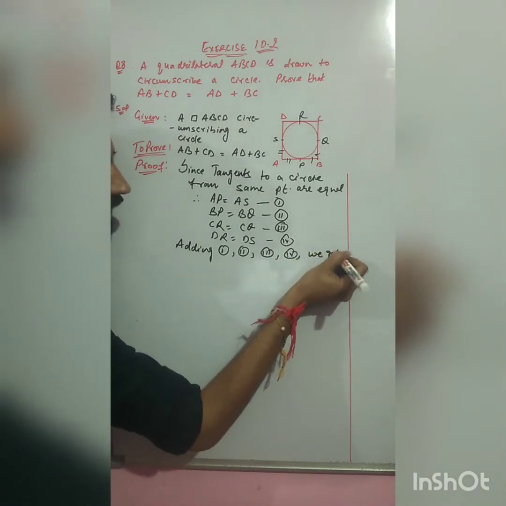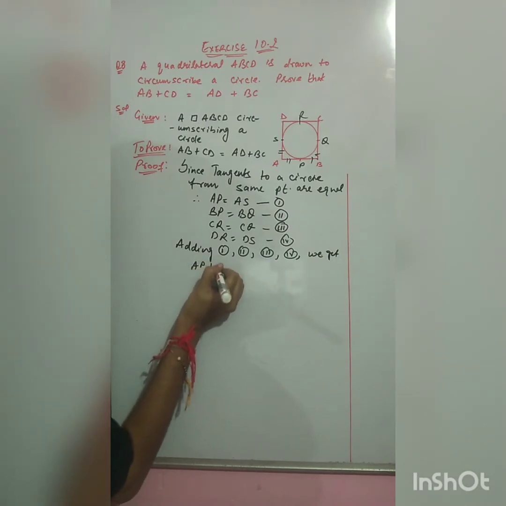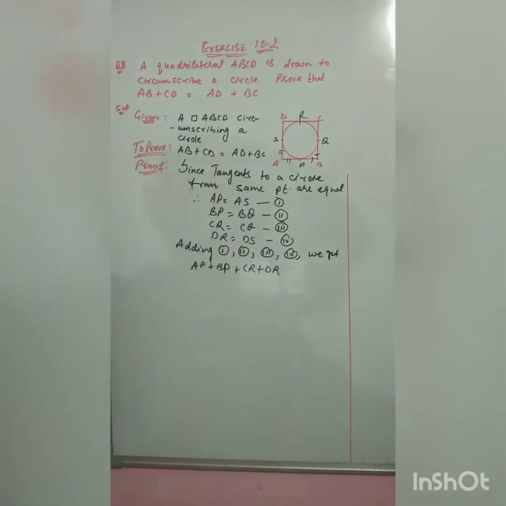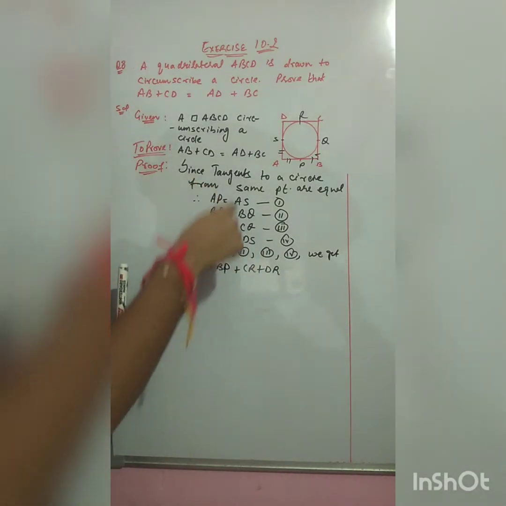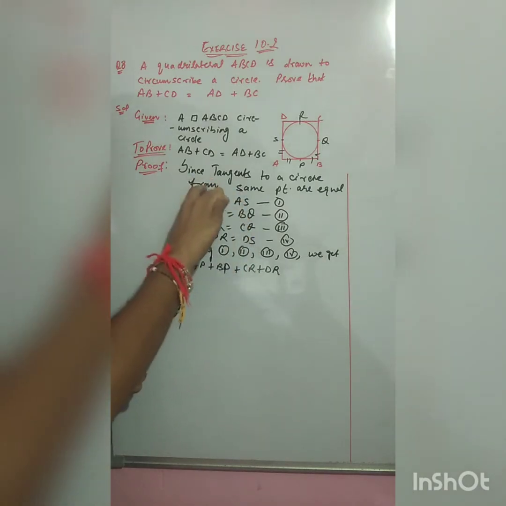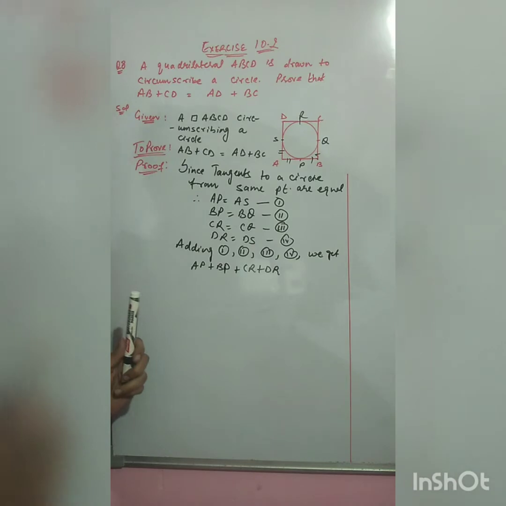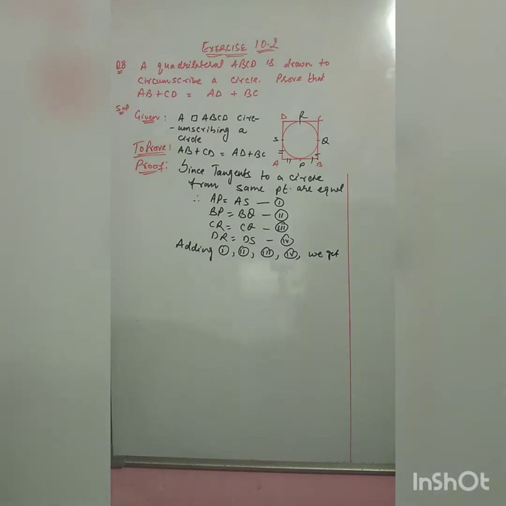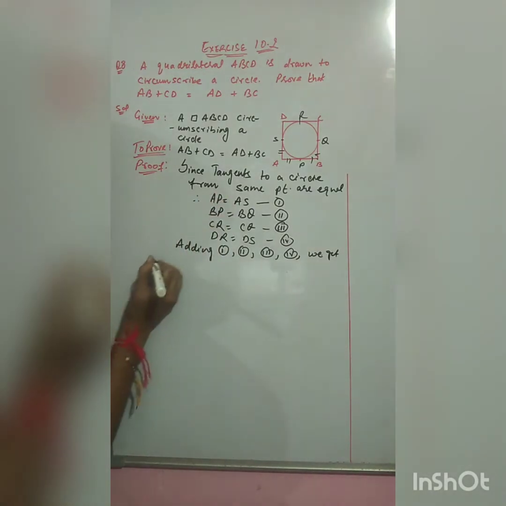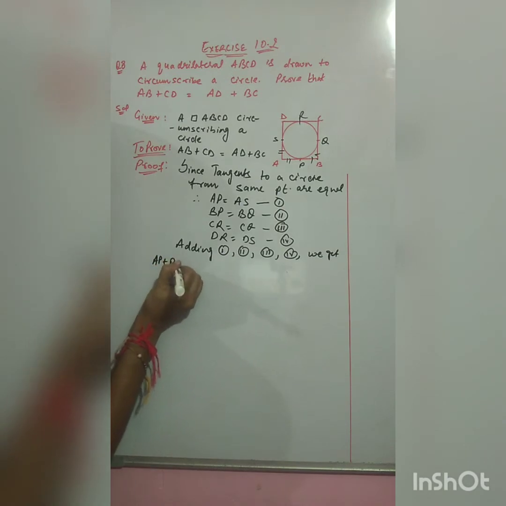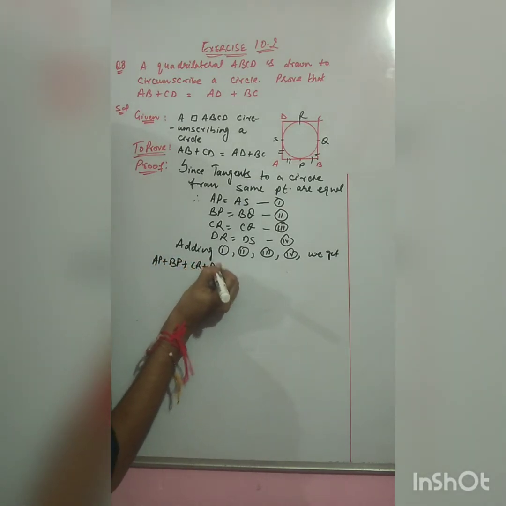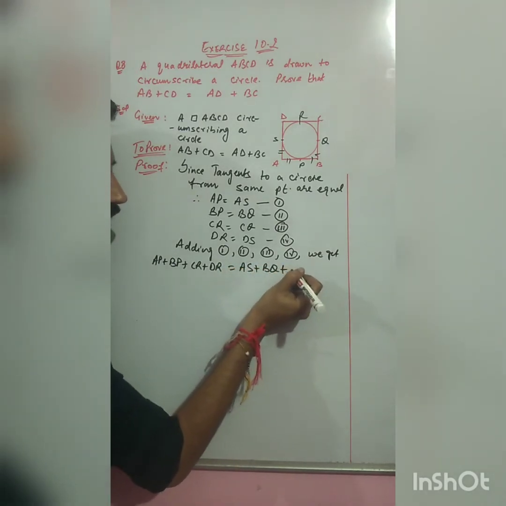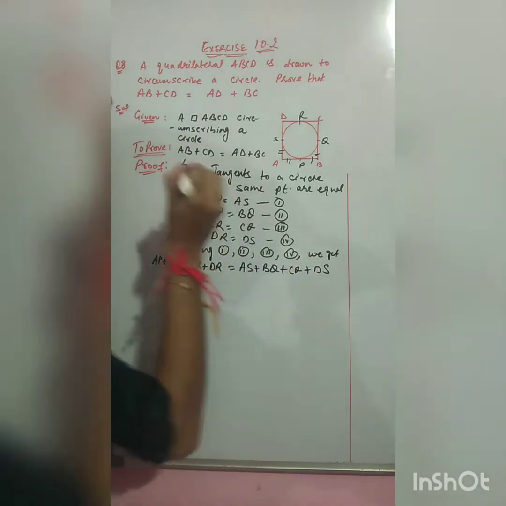We get AP plus BP plus CR plus DR. While adding, we have to add the LHS to the LHS and RHS to the RHS, means the complete LHS should be added on the left hand side and the complete RHS on the right hand side. So AP plus BP plus CR plus DR is equal to AS plus BQ plus CQ plus DS.